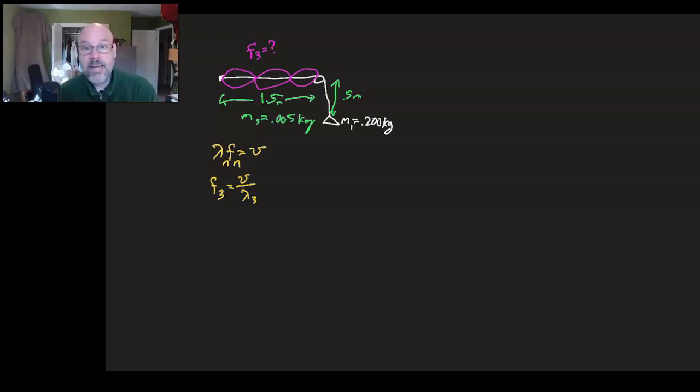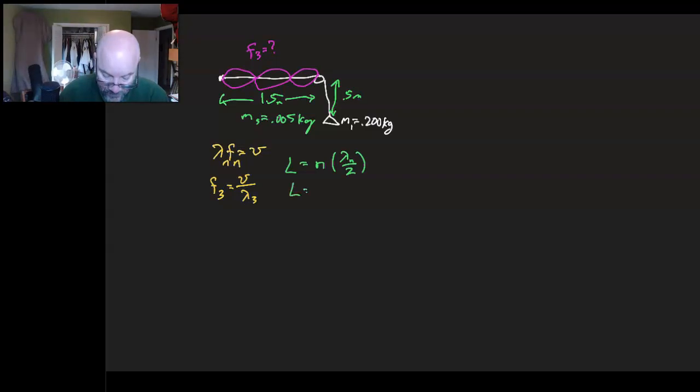So we have symmetric endpoints, and so the relationship is very simple between the wavelength and the total length. It just goes a certain number of half wavelengths. So in our case, n equals 3.